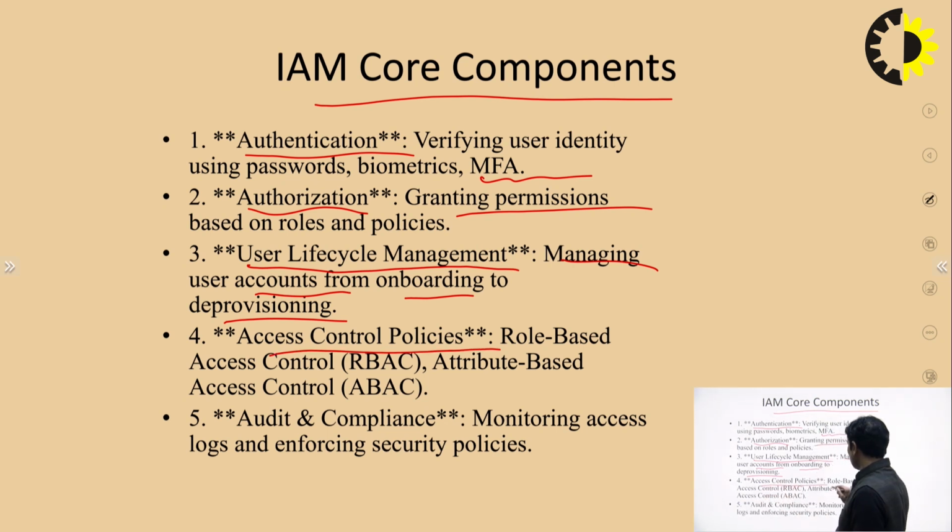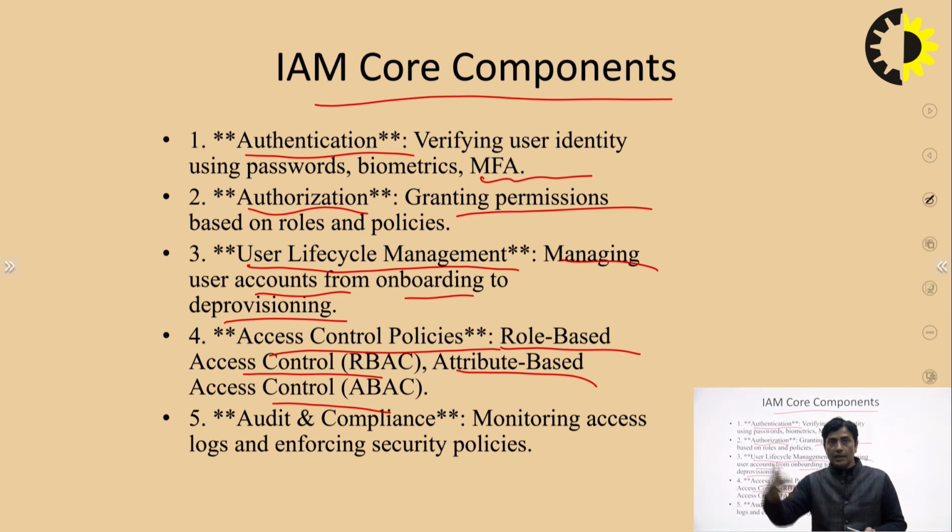Access control policies. There are different policies for access control, like role based access control, RBAC, and attribute based access control, ABAC. Role based means what is your role? If you are the manager, the developer, the user, the auditor, there are different kinds of roles of every person using the system. So different persons have different policies for using the system, different access rights.